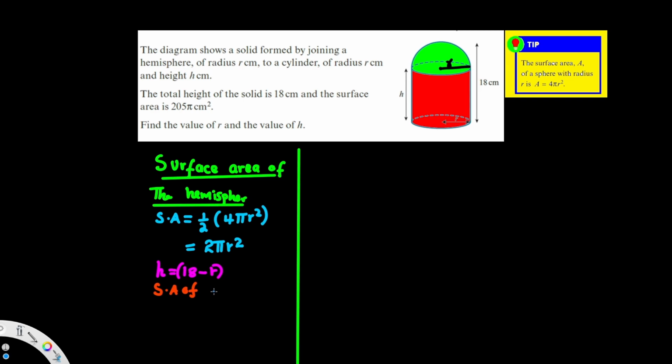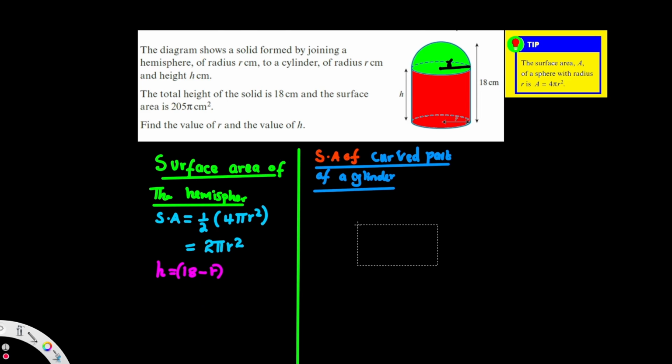So we're going to move down to work out the surface area of the curved part of the cylinder, and I need to move this from here so that I can find space to write. I'll move it all the way to that point. Now if a cylinder is cut, it becomes a rectangle, and since this cylinder has only the bottom, we are going to have the circular bottom there.